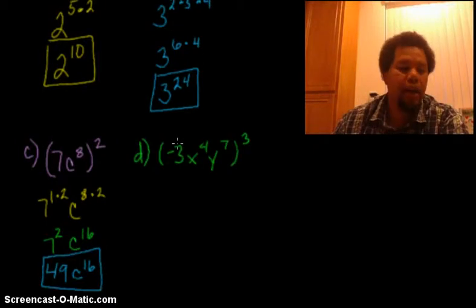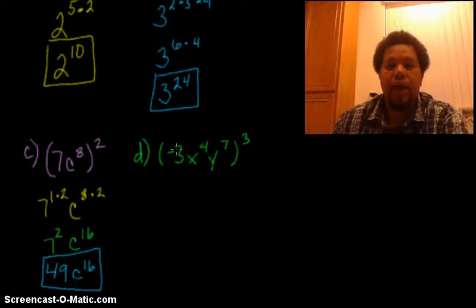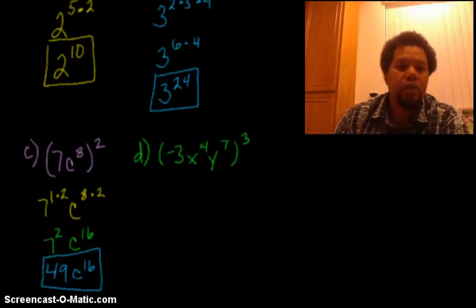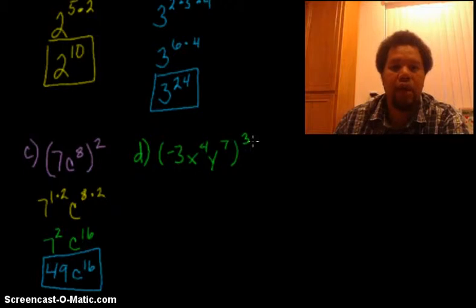Okay, in our next example right here, we have -3, x to the 4th, y to the 7th, and all of that is raised to the 3rd power. So again, we have a product being raised to the power of 3. So that means each individual factor needs to be raised to this 3rd power.